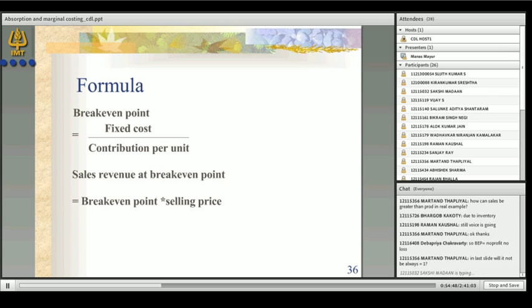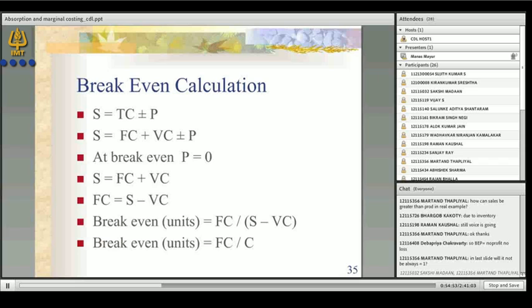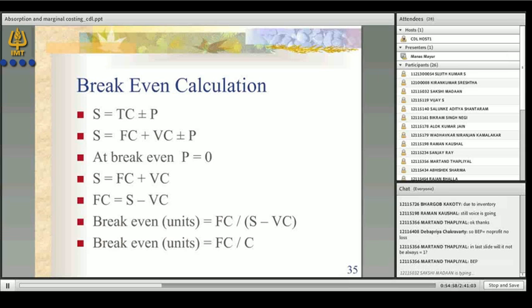In last slide, will it not always be equal to 1? Which one? Yeah, that is for 1 unit.